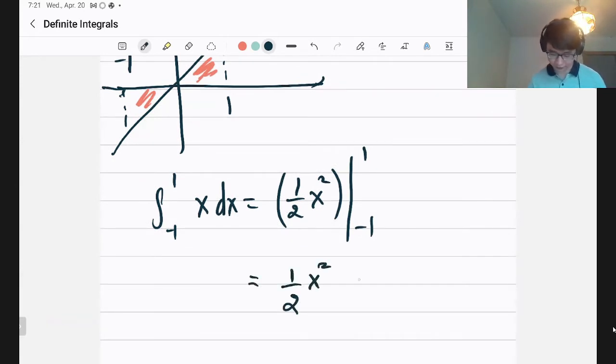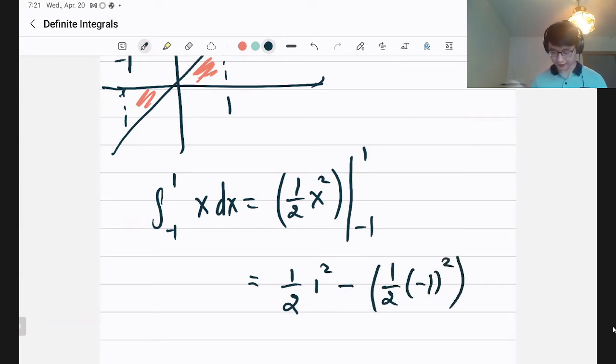So x squared, right? Sorry, not x squared, but it has to be 1 squared over 2 minus (-1) squared over 2, right? And of course, 1 squared is 1, and (-1) squared is 1.